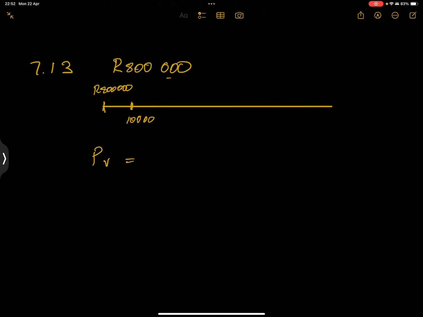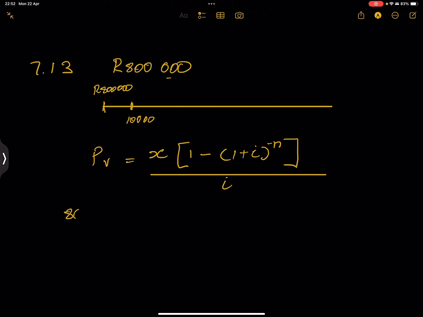So we can say, all right, so this is x into, okay, present value formula, that's 1 plus i, okay, to the exponent minus n, divided by i. Right, our present value is 800,000. Okay, we're withdrawing 10,000 rands. Okay, and this is 1 plus.